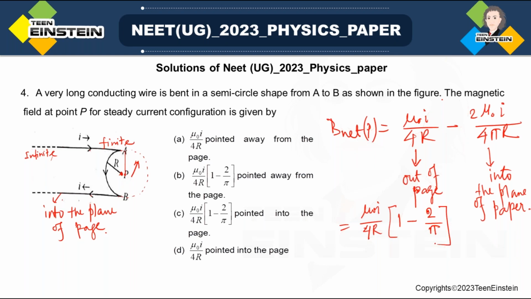So this is the answer, and also this is out of the plane of the paper. So mu0 I by 4R, 1 minus 2 by pi, pointed away from the plane of the paper, or away from the page.